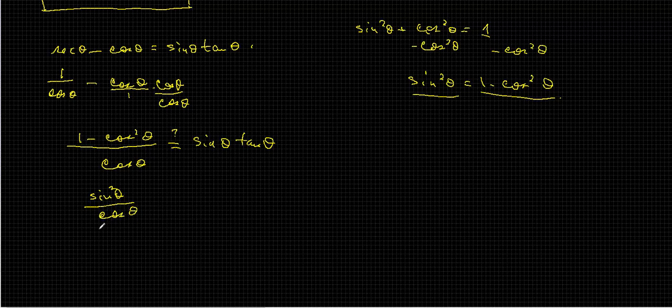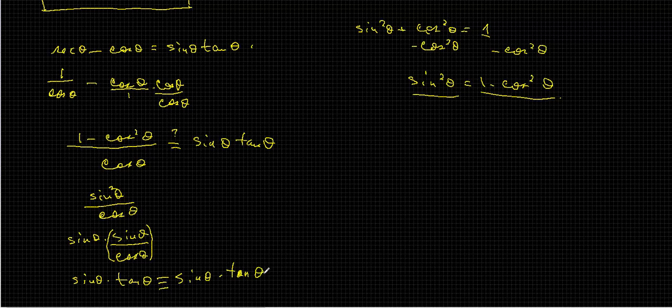And if we break this apart, leave it as a sine of theta, sine theta over cosine theta, we can see that this becomes sine theta times the tangent of theta, because tangent is sine over cosine, and this is identical to sine theta multiplied by the tangent of theta.